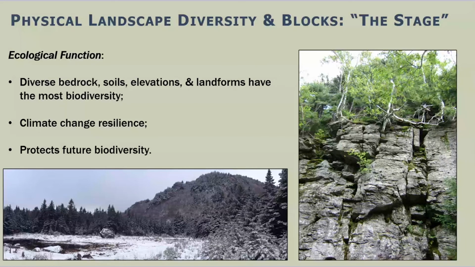So they're the current hotspots of biodiversity. And we know that as climate changes, while we have some species that may move out of Vermont, we strongly suspect that other species moving into Vermont will also occupy these sort of niche physical habitats. And so in a way, we're focused on conserving the stage, even if the players on that stage may be changing through time.